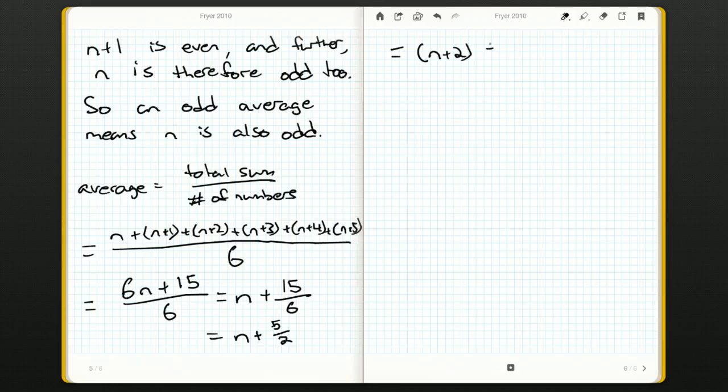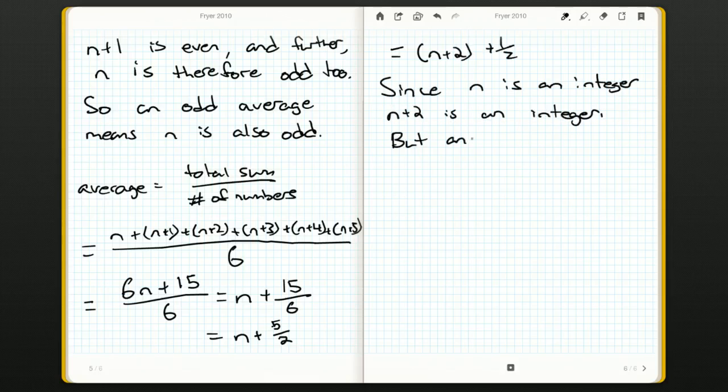Or really we could say n plus 2 plus a half. So we just explain why this number can't be an integer.